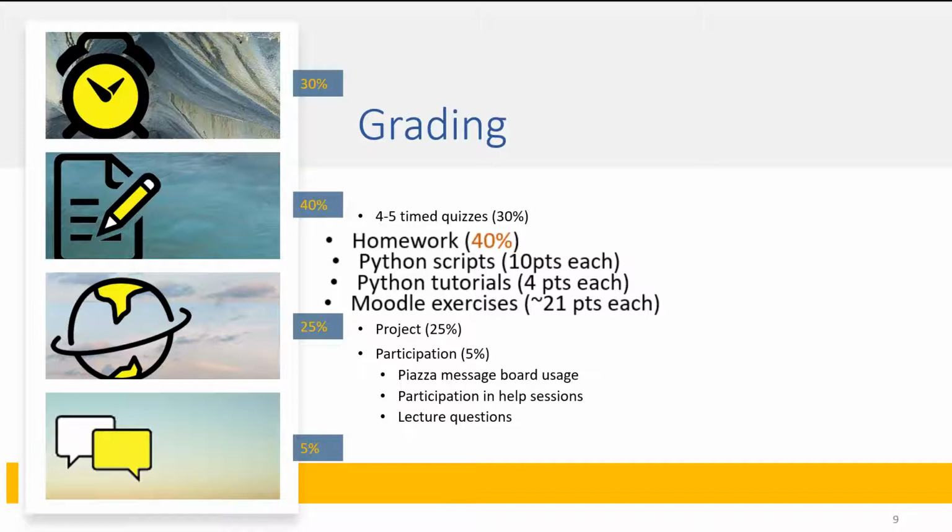Python tutorial lessons are generally worth 4 points. Moodle exercise points range between 10 and 50. The median is 21. This depends on the number of questions in an exercise. And then individual questions are scored based on the number of question parts.